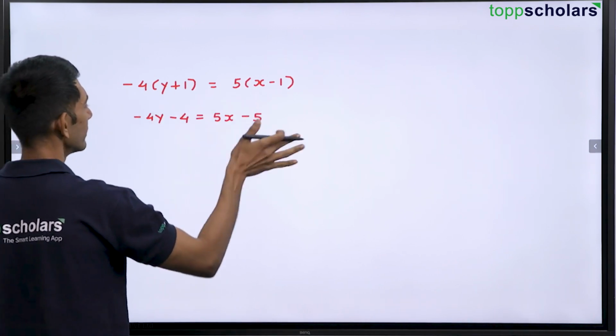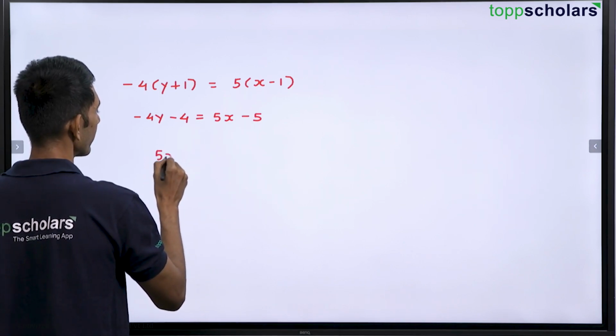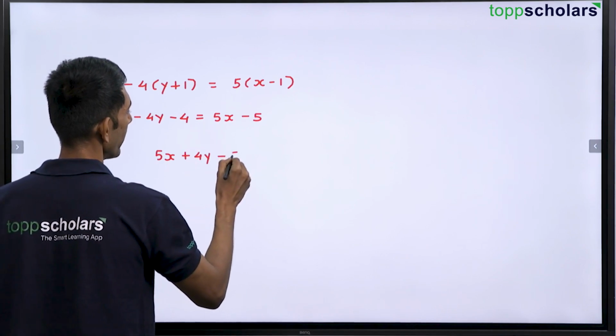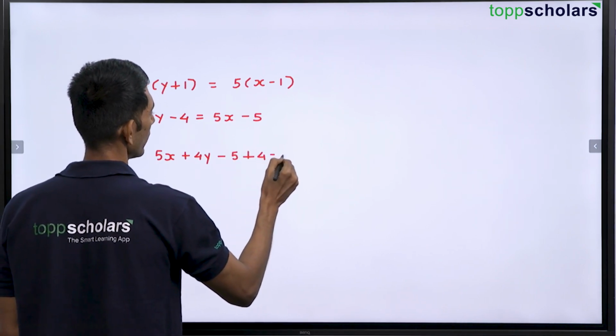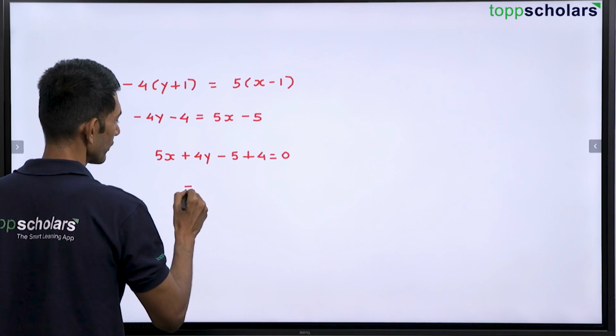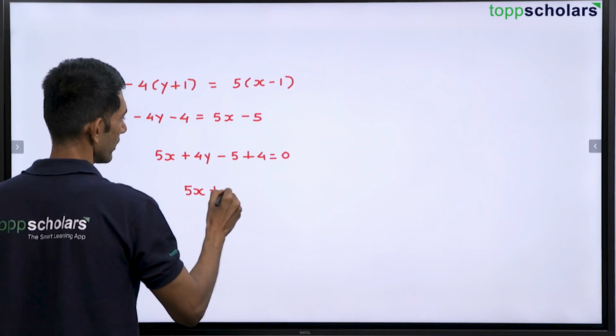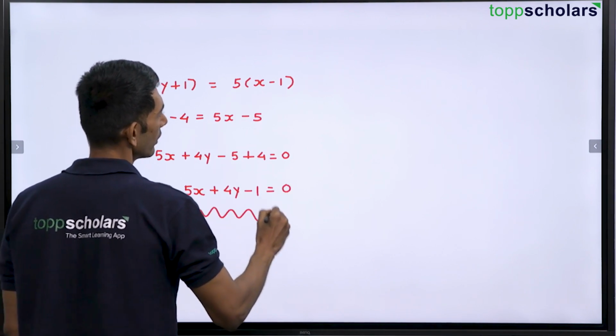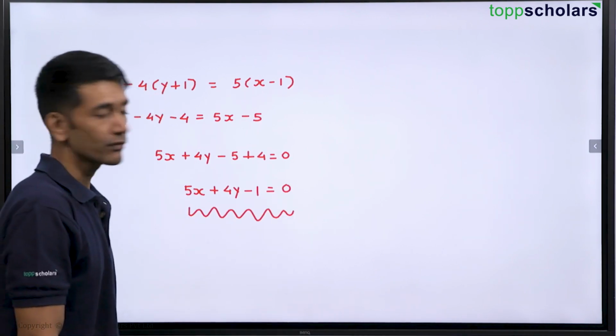So if I take the terms on the other side, I get 5x plus 4y minus 5 plus 4 is equal to 0. So this becomes 5x plus 4y minus 1 is equal to 0, which is the required equation of the median.